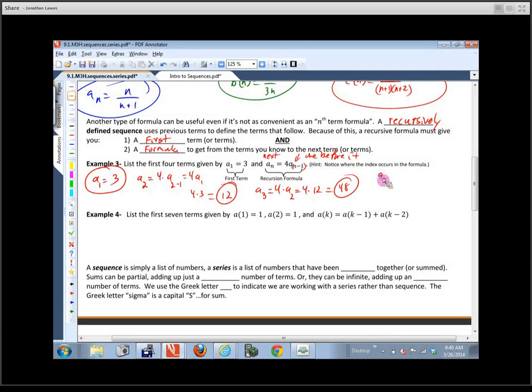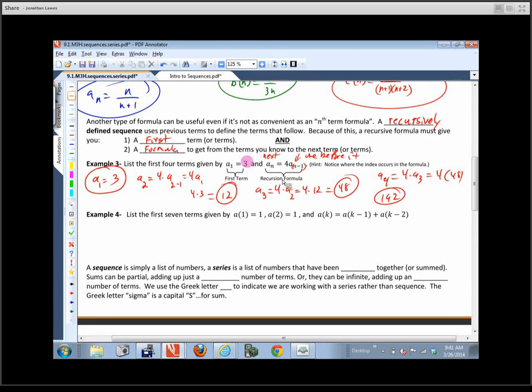To find the fourth term, I take 4 times the third term. So that's going to be 4 times 48. What is that, 192? 192. Okay? What's the fifth term? 192 times 4. So every time you just times it by 4.